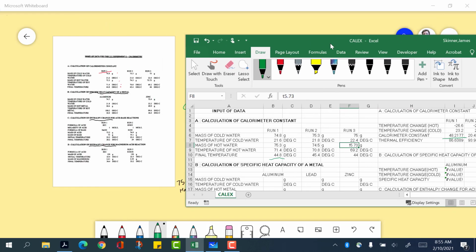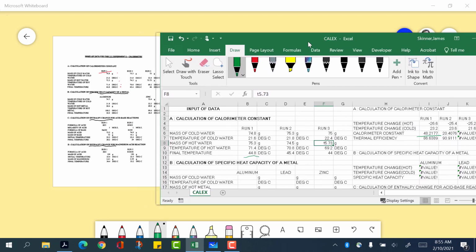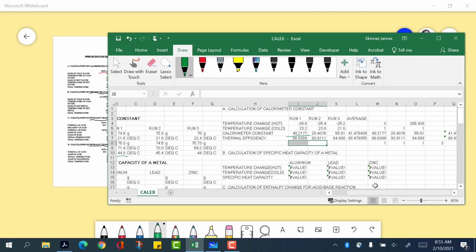Can't type that. Temperature was 22.4 and it should be 75.73 rather than a T. And let's see how close the calorimeter constant came out to be.